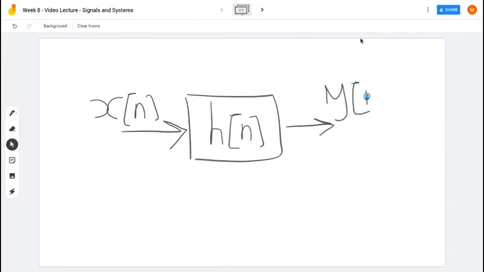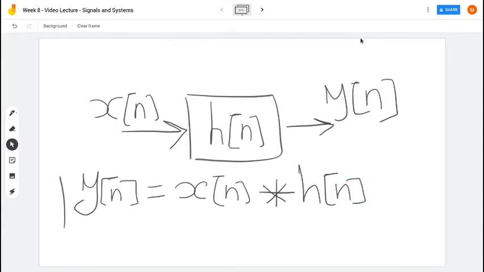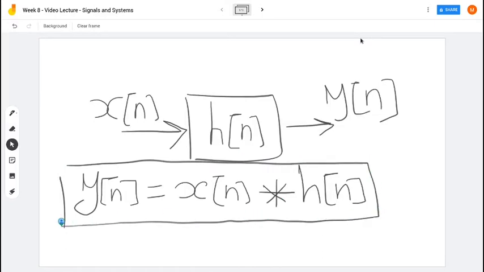Using the linearity and time invariance properties, we showed that the output of such a system, y of n, is equal to the convolution between the input x of n and the impulse response h of n. So for any LTI system, the output will be the convolution between the input and the impulse response.